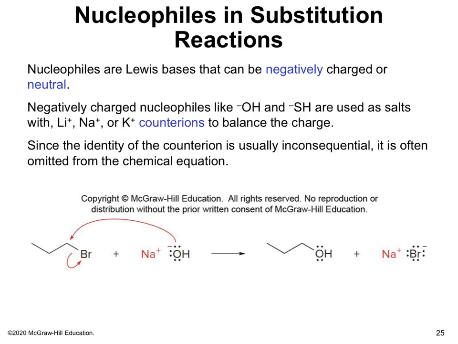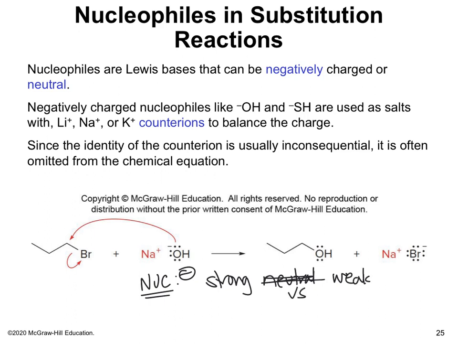So you have to be able to determine whether you have a strong nucleophile. Once you find your nucleophile, you need to decide, is it strong, is it neutral, or is it weak? Well, just weak. How about strong versus weak? Negative charge is strong.